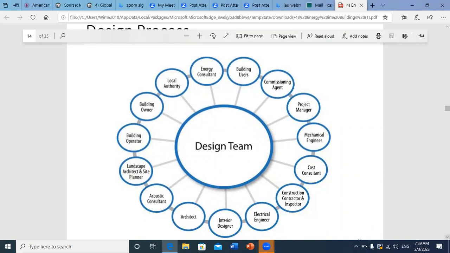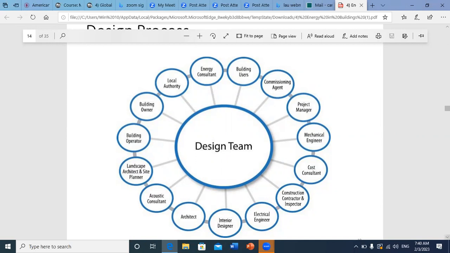So always the design process should be interactive between the different aspects. Let's say the mechanical engineer should interact with a cost consultant, a project manager, an electrical engineer, an interior designer, an architect, etc.